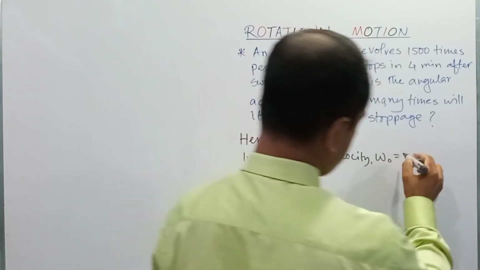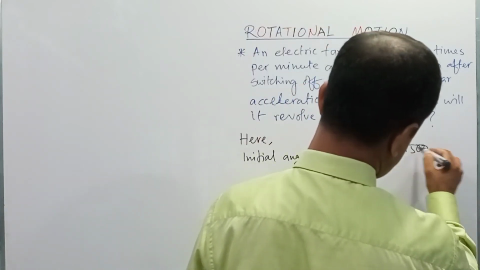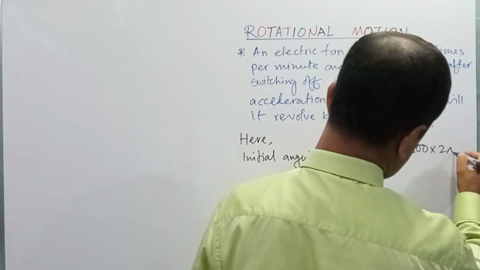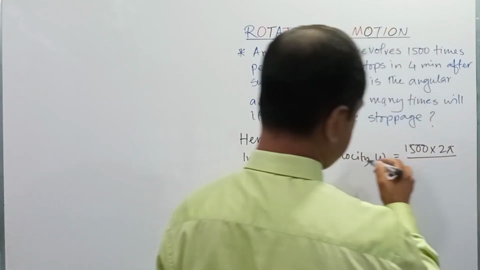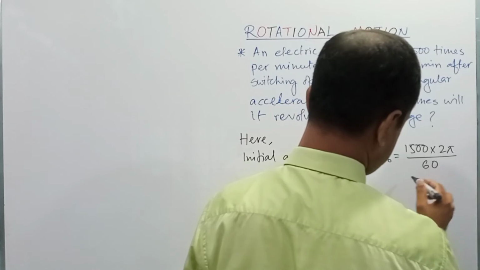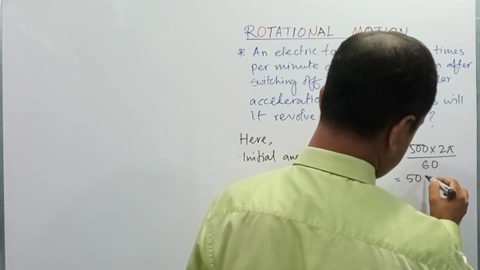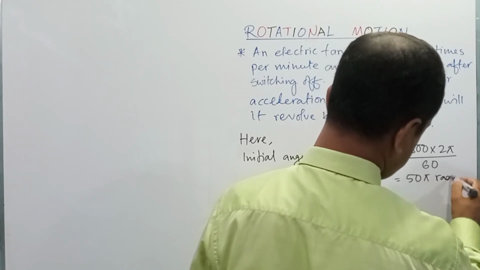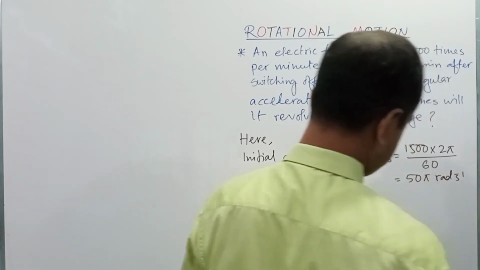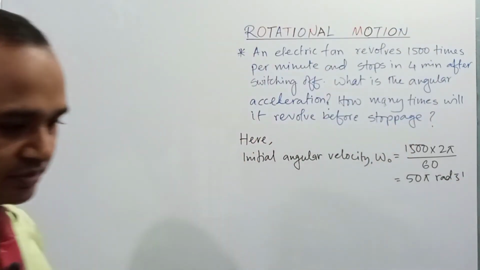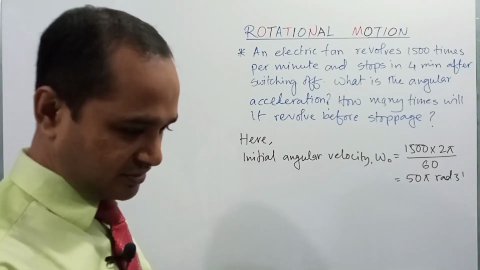Omega naught is equal to 1500 multiplied by 2 pi divided by 60, in 1 minute. After the calculation it will be 50 pi radian per second. This is the value of the initial angular velocity.